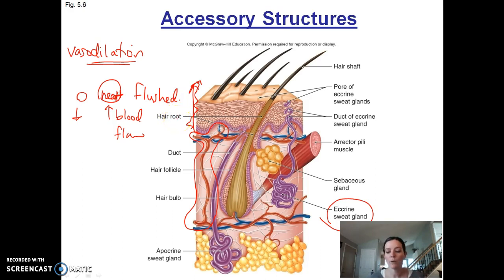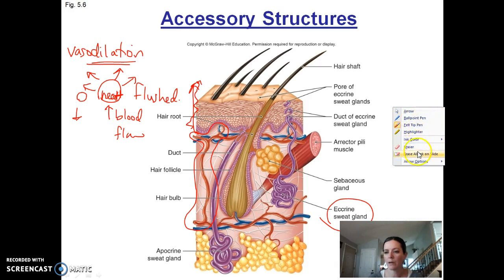So maybe when we are exercising, our body's gotten too hot, so body temperature has gone up too high above set point. So we dilate the blood vessels in the skin, we bring more blood to the surface, that makes us look flushed, but it also allows us to begin to transfer heat out of those blood vessels and into this external environment.